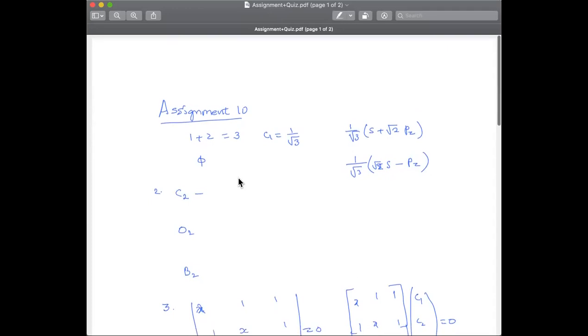Yes, sir. Assignment 10. But that is not the screen that I have. So what is happening? One second. I have to stop sharing. Share the screen.